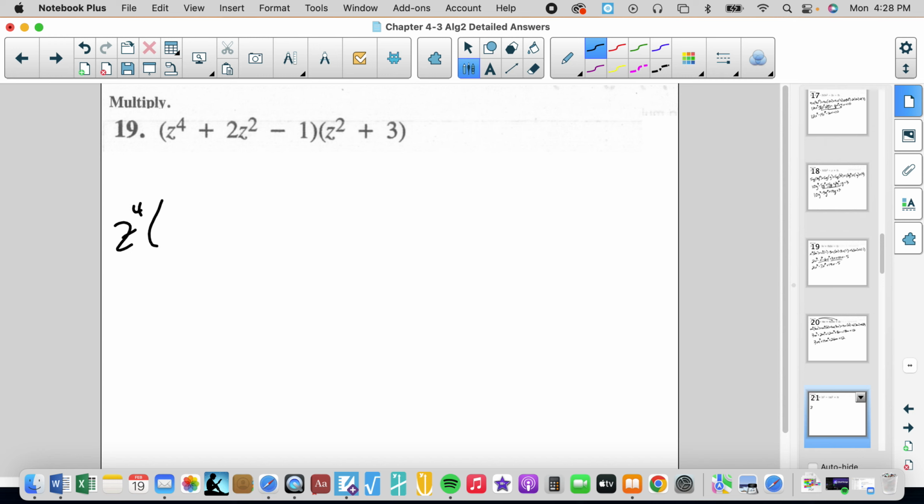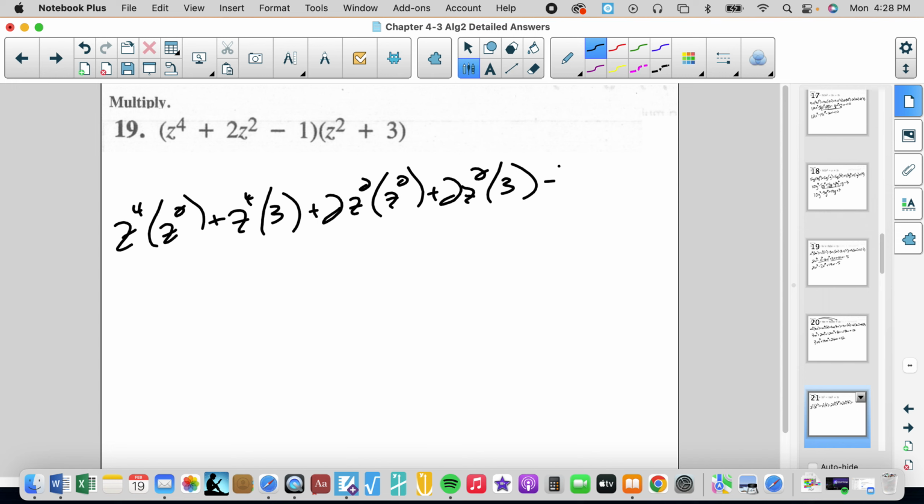Z to the fourth times z squared plus z to the fourth times 3 plus 2z squared. We skipped one, so don't know if you saw that. 2z squared times z squared plus 2z squared times 3 minus 1 times z squared minus 1 times 3.